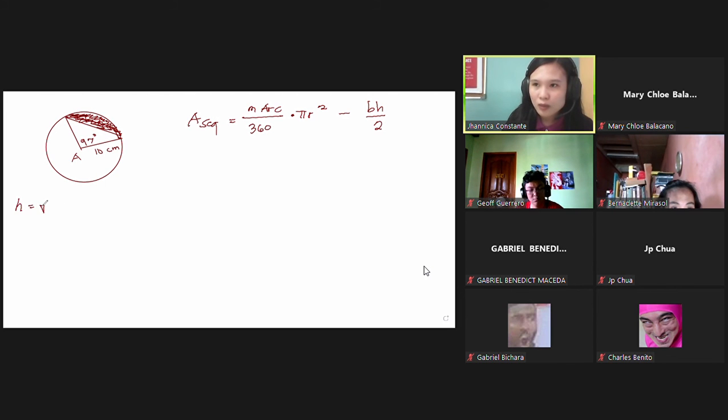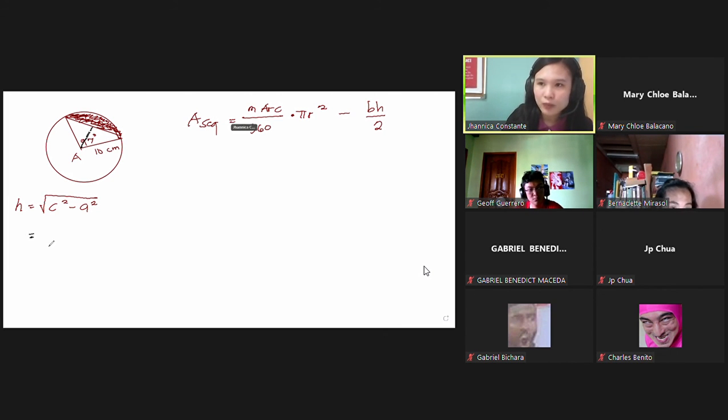Height is equal to the square root of c squared minus a squared. So if we're going to look for the height, we need to get half of our radius. Half of the radius is 5.